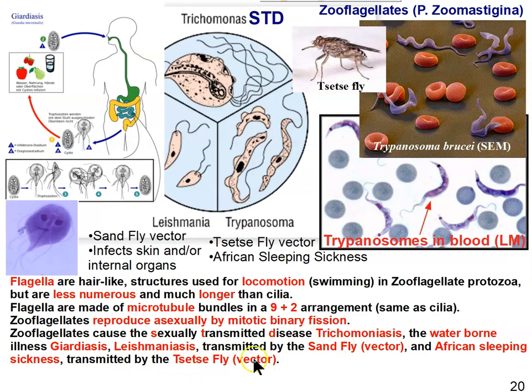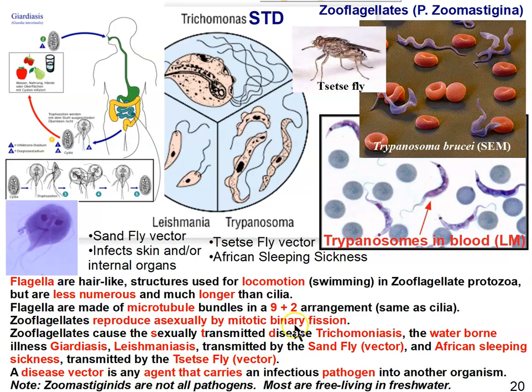So the tsetse fly, again, is acting as a vector. So vector, in this sense, refers to an agent, an individual, a species that carries an infectious pathogen into another organism, or from one individual to another individual.